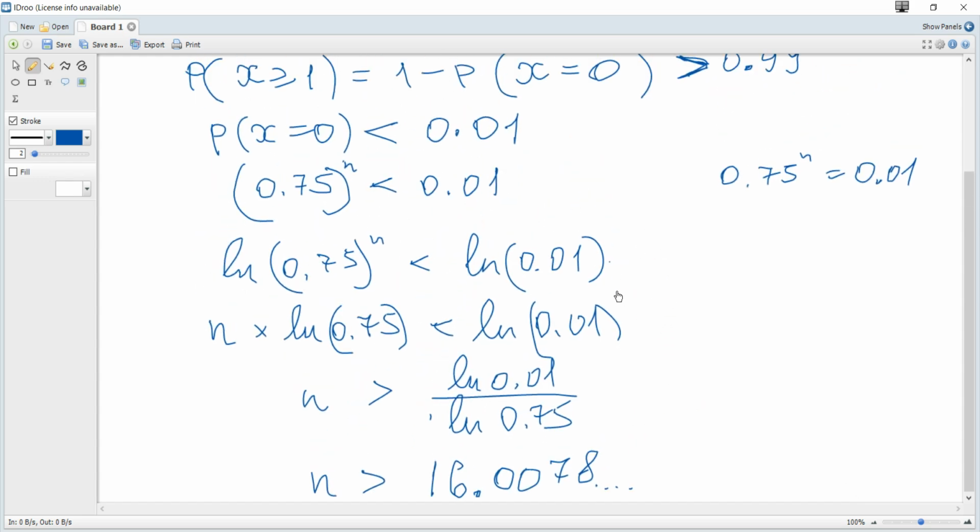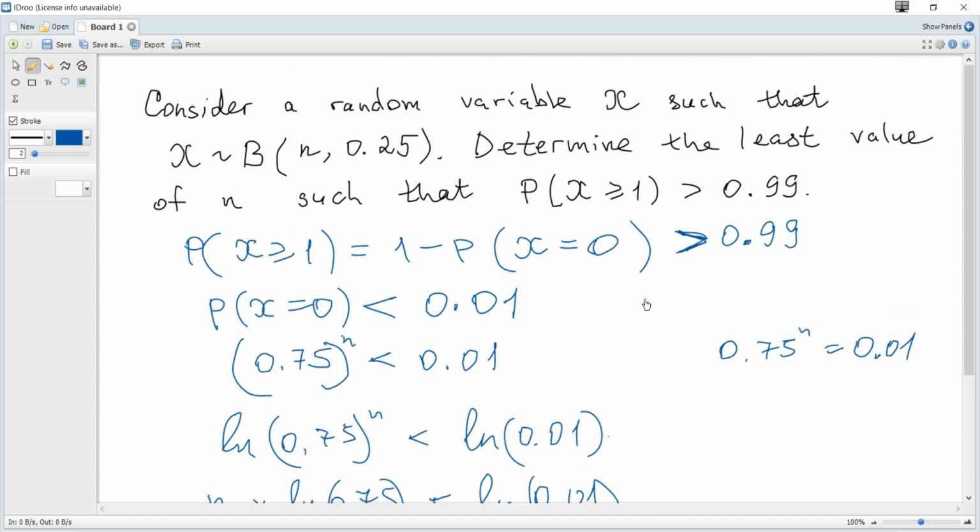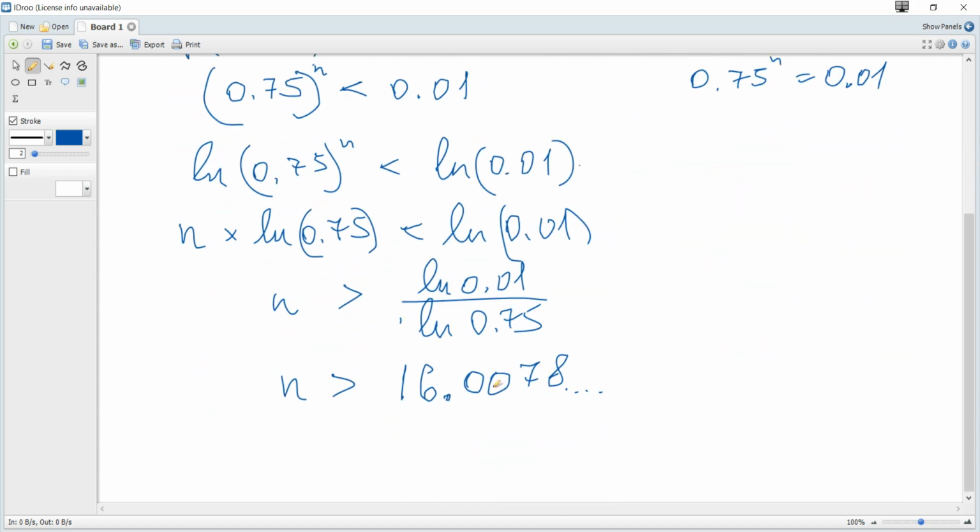Since n is an integer, you need the first integer, and you round not mathematically, not to 16, you round up, because we need n to be greater than this value, but n is an integer, so n is 17. So the least possible value of n is 17.